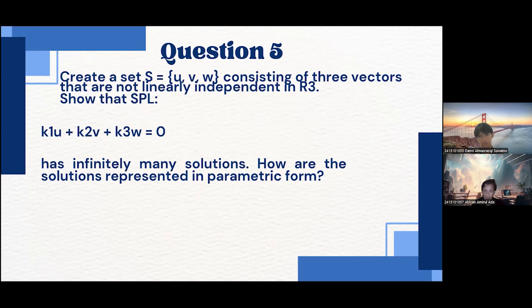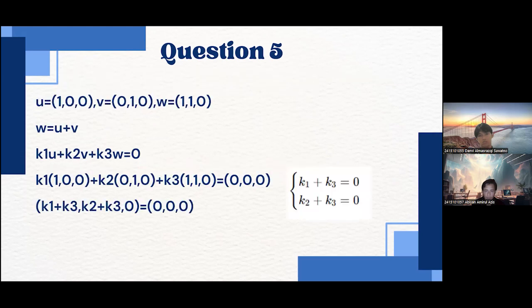How are the solutions represented in parametric form? For question number 5, U is equal to 1, 0, 0, V is 0, 1, 0, and W is equal to 1, 1, 0.